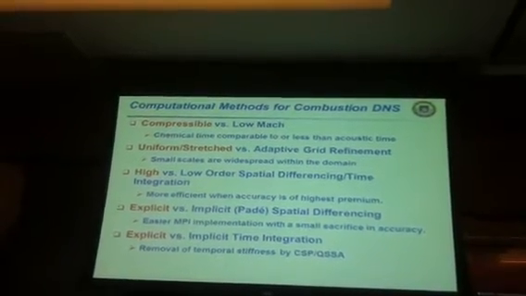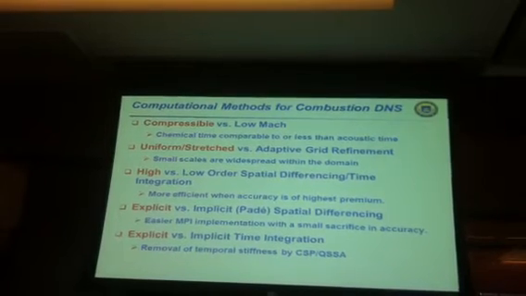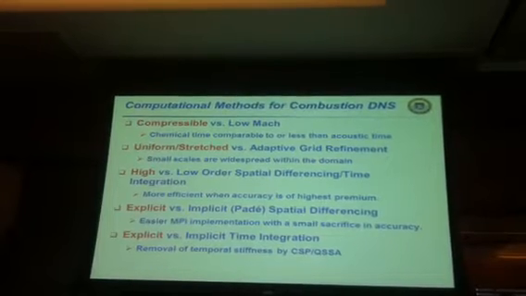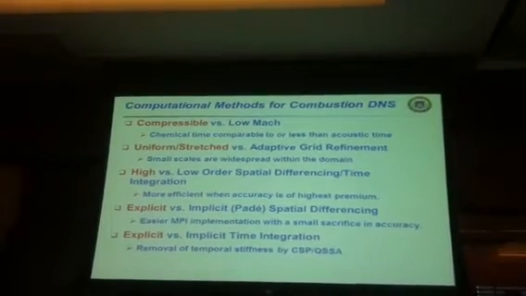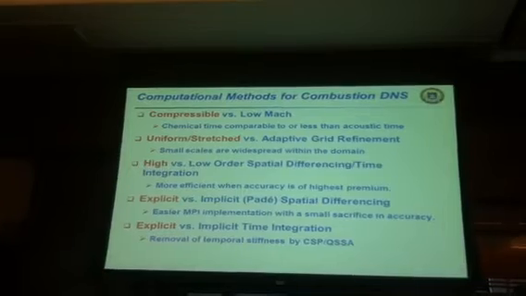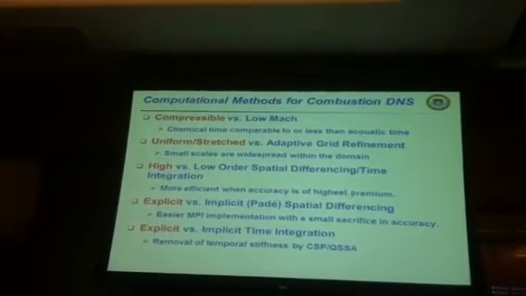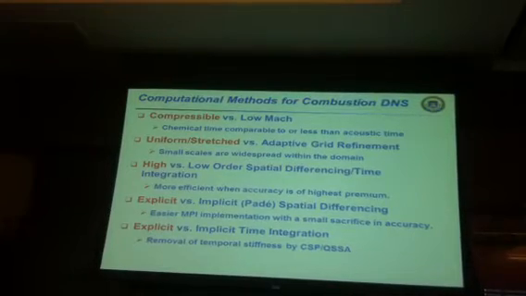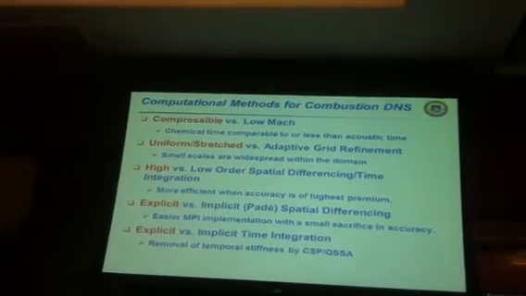Most of our applications so far have been just like you saw in the earlier images. The small scales are widespread throughout your entire domain, so it makes more sense to just simplify your grid structure, either uniform or slightly algebraically stretched, and that's the choice we made.